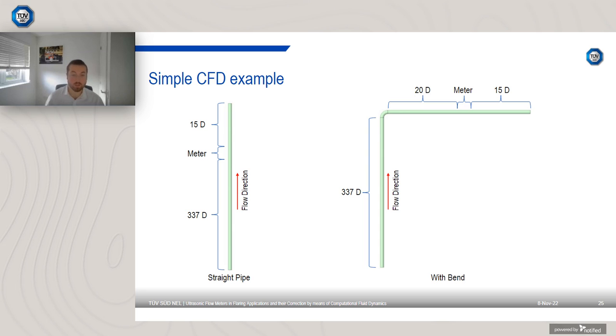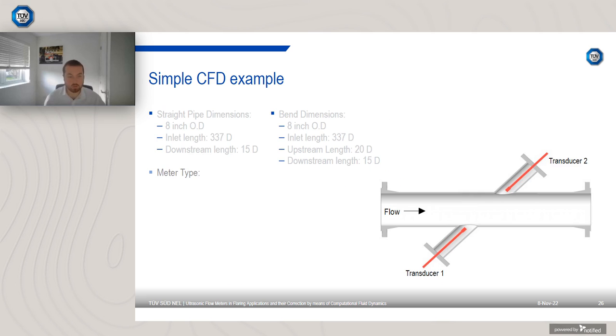So we've got the same inlet length, we then have a bend, and then we've installed the meter as per manufacturer's recommendations. In both cases, we are going to be using a single path diametric meter, and the velocity range is going to be ranging from 10 meters per second to 35 meters per second.